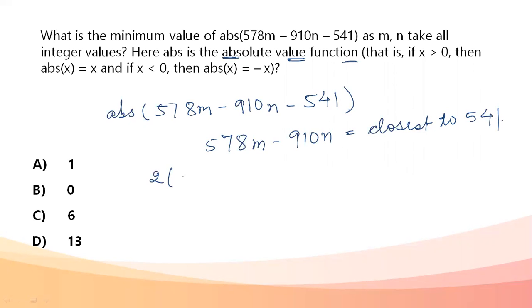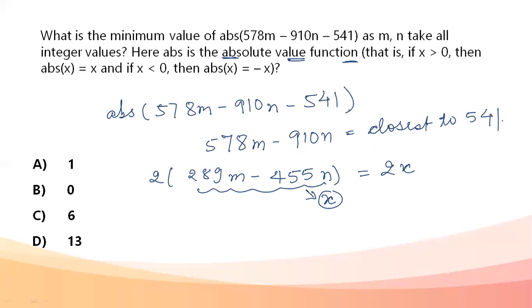Now, to make it closest to 541, I'm going to rewrite the function like I did in the previous question. So this becomes 2 into 289m minus 455n. Other than that, I don't have anything common. Now, let this whole function 289m minus 455n be x. So your value reduces to 2x.